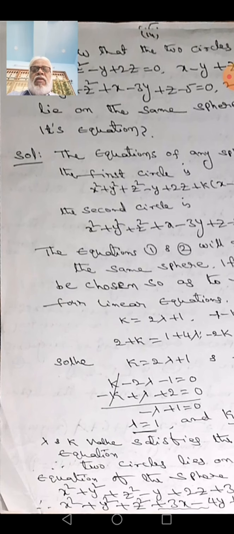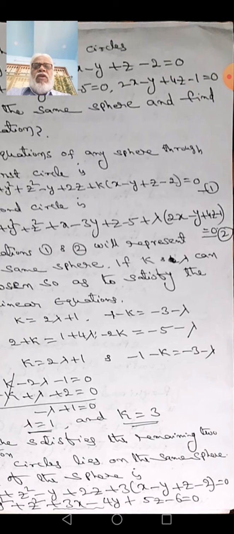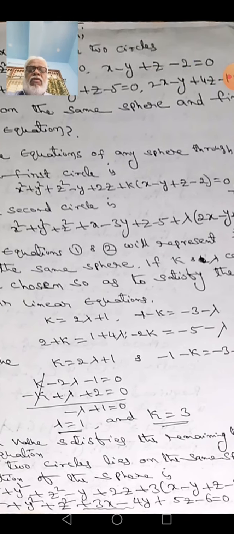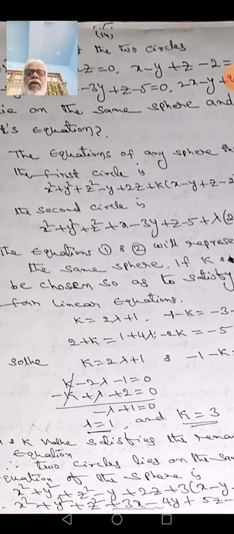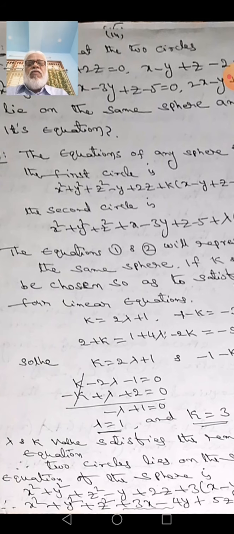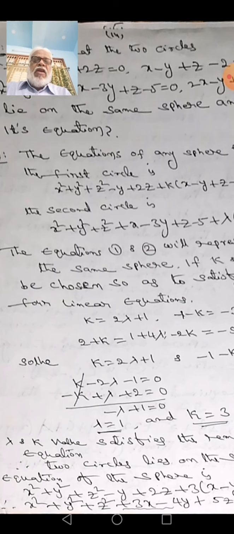One arbitrary constant we take as k and another arbitrary constant as lambda. Equations 1 and 2 will represent the same sphere if k and lambda can be chosen so as to satisfy the four linear equations. If you compare these two equations, we get four equations. We solve any two equations to get the values of lambda and k, and substitute them in the other two equations.